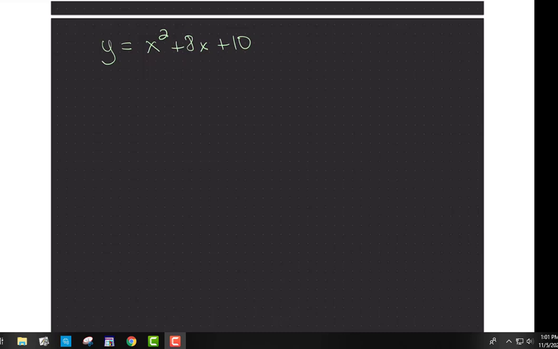So if I want to complete the square, I got to add me a little gap in there, don't I? So y equals x squared plus 8x plus something, right? Then I can't lose my plus 10, and I'm going to have to subtract something off of that. So to figure out this value, that was that b divided by 2 squared, right?